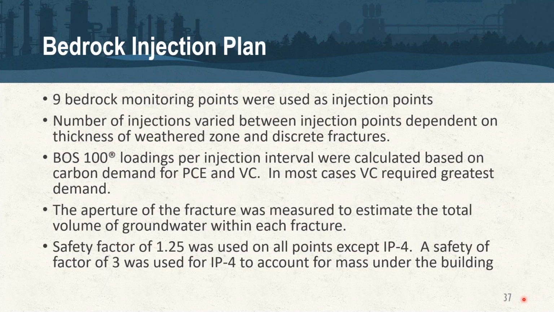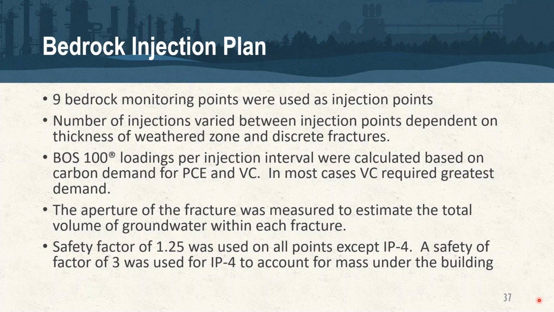So 9 bedrock points were selected for the installation of the material, BOSS 100, at this particular injection plan. Number of injections and slurry density varied across the site and based on each borehole and vertical interval that was initiated within each point.